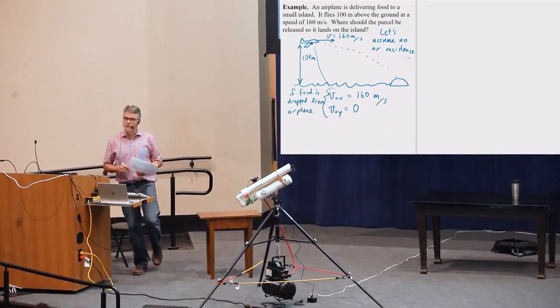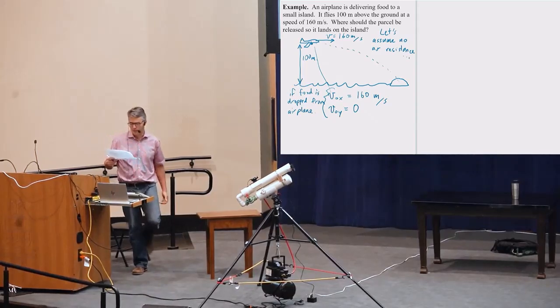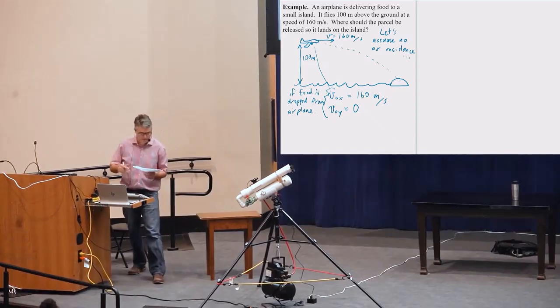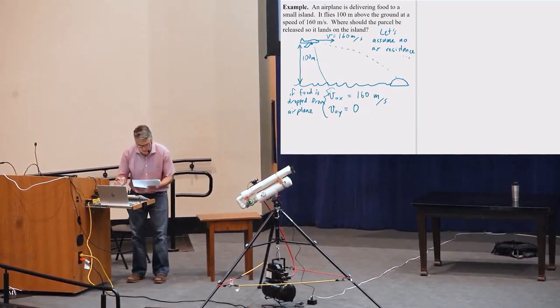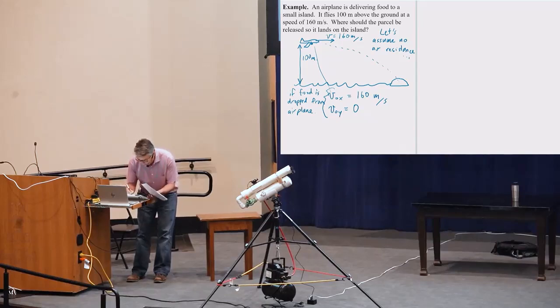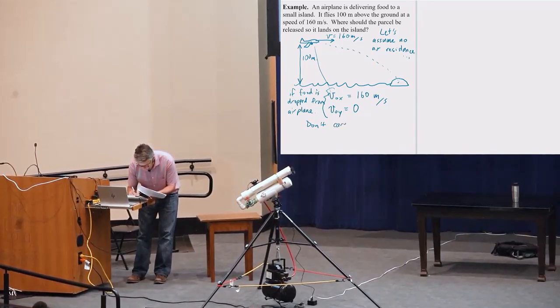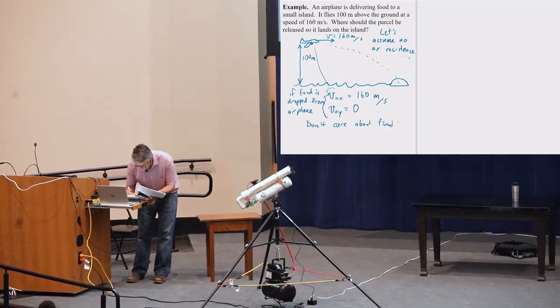It's not super obvious that this is true, but that's what I'm going to assume as I'm setting this up. If they were to throw it down or something, you might get a different result, but if you just release it. So what are we trying to do here? I think we actually don't care, again, about the final velocity of the food.